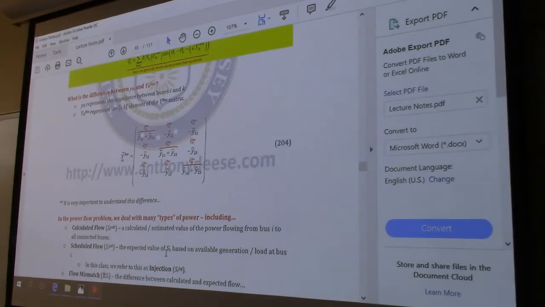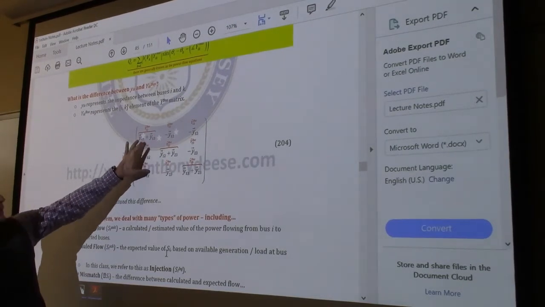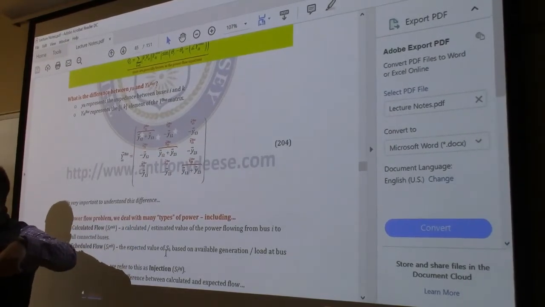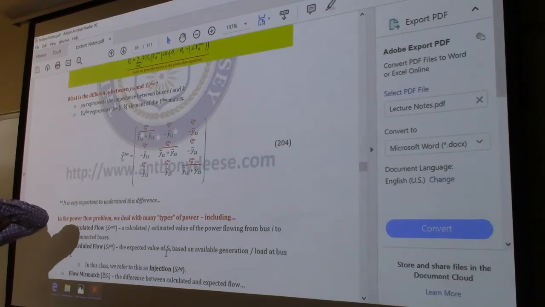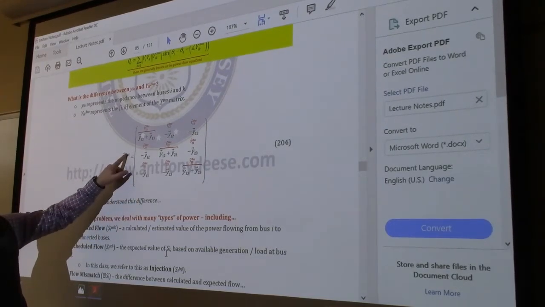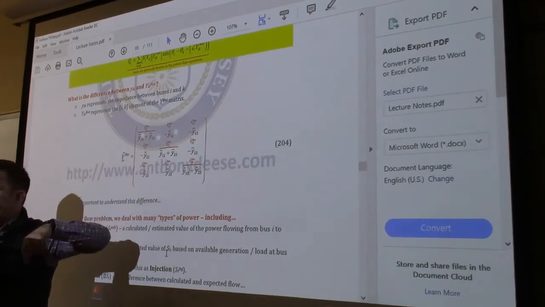Again, the difference between Y_ik and Y_ik bus, we've talked about this several times, but this actually explains it. So the Y bus matrix or the admittance matrix is composed of the individual Y_ik values. So for example, Y bus 11 is equal to Y12 plus Y13.